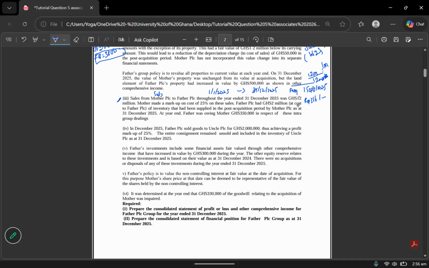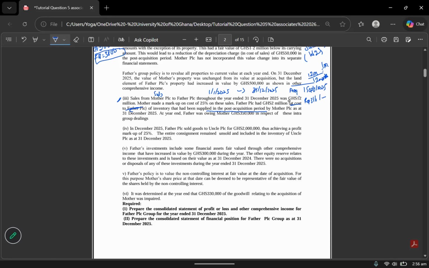But the main thing here is that Father PLC had 2 million at cost to Father PLC. Let's forget this one for now. Father PLC had 2 million of inventory that had been supplied in the post-acquisition period by Mother PLC. So they are trying to say that within the post-acquisition period, the 4 million we calculated earlier, the supplies that were made, we still have 2 million.